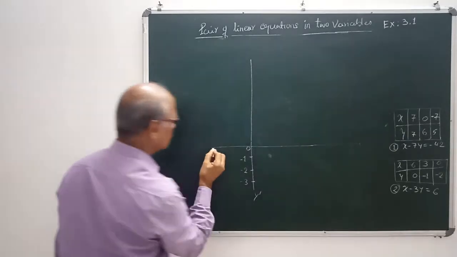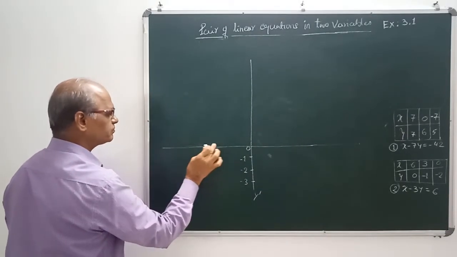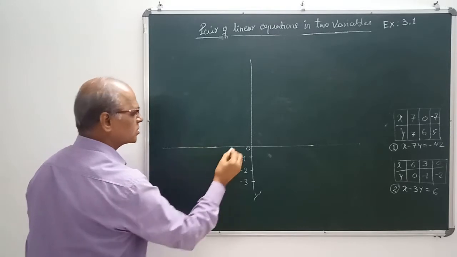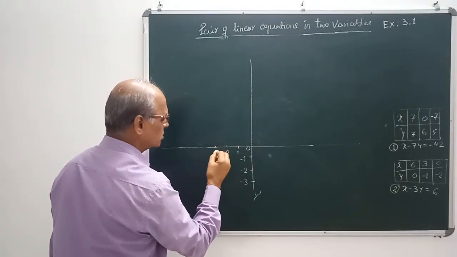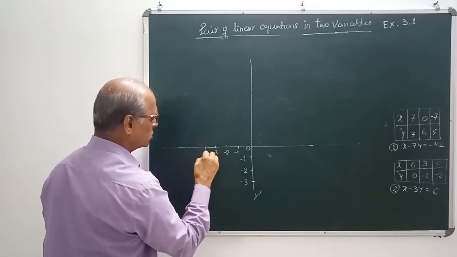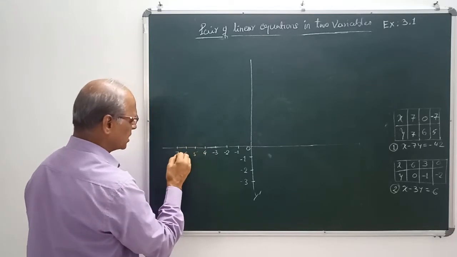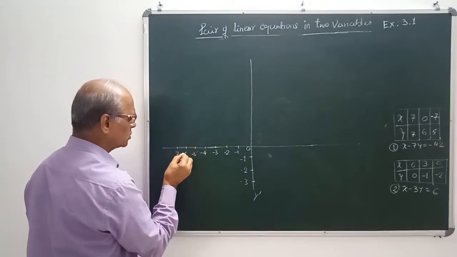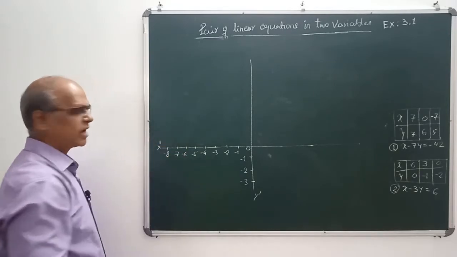Both sides 7. That means you have to extend this. So 1, 2, 3. These are minus values. 4, 5, 6, 7 minus value, and lastly 8. So this is your x dash.